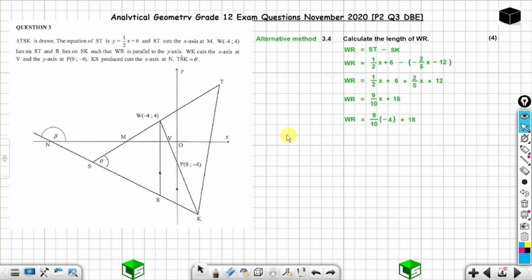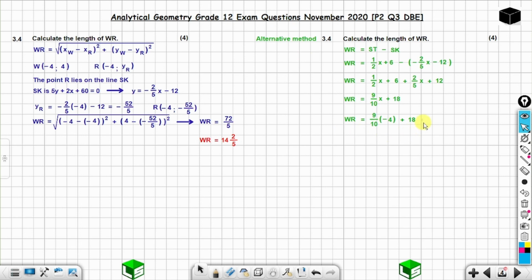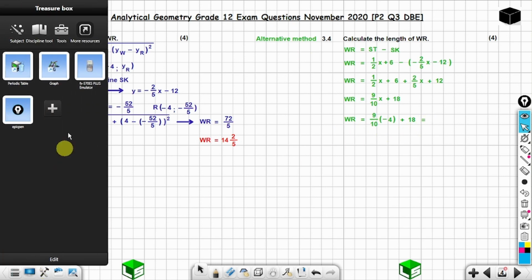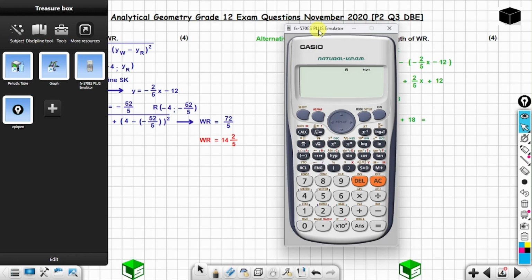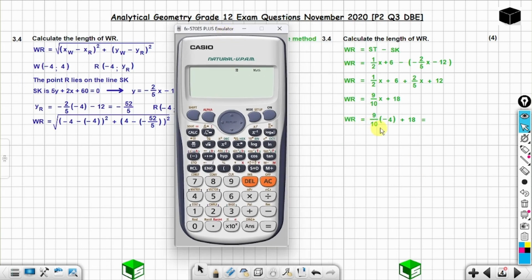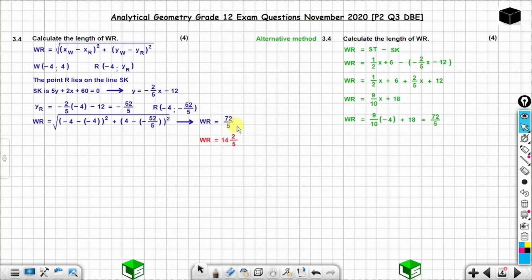So now WR is equal to, use your calculator, plus 18. You're going to have this, 72/5, as we obtained it. You can also write your answer like this.